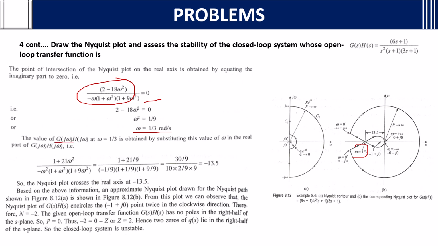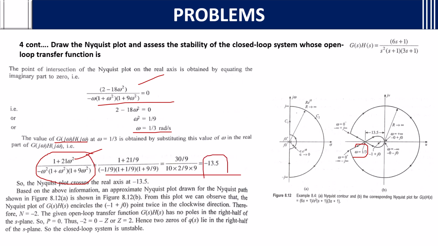In the same way, the value of G(j omega) at omega equals 1 by 3 is obtained by substituting the value of omega in the real part of G(j omega). This is the real part, this is the imaginary part. In the real part, if you substitute, previously we already got this final value. Initially we substituted, no. In the same way, for the real part, if you substitute this, you will get minus 13.5.